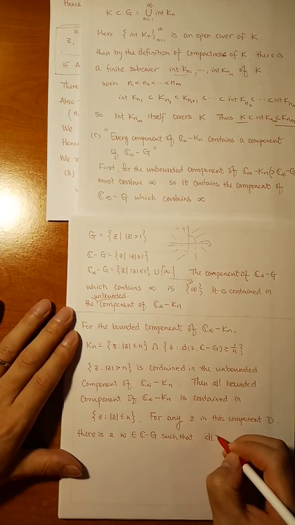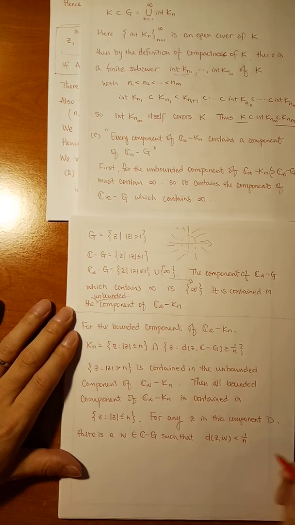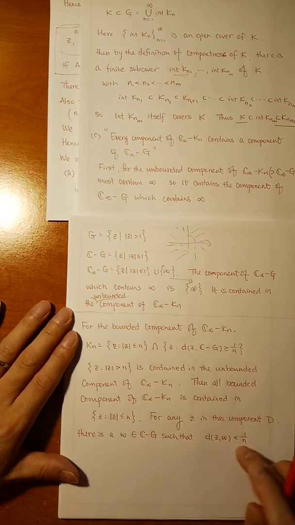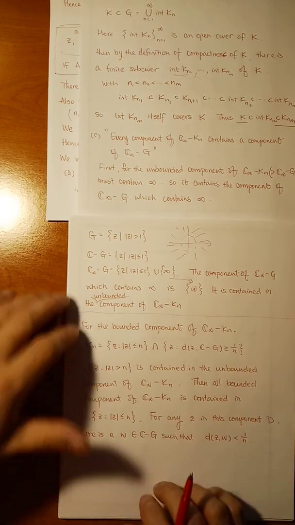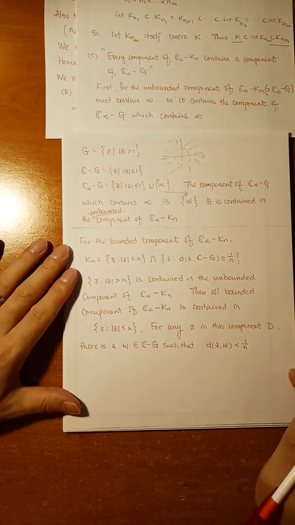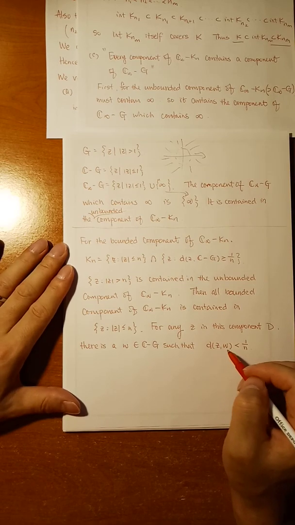The distance between Z and W is going to be less than 1 over n. The distance condition fails. So the distance between Z and W is less than 1 over n. Okay, so from Z you can find a W.